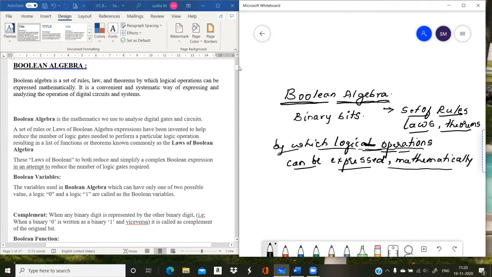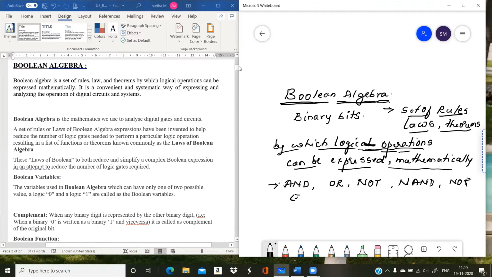In digital electronics, we can perform different logical operations like ANDing two inputs, ORing two inputs, inverting or NOT operation, NANDing, NOR operation, XOR operation.